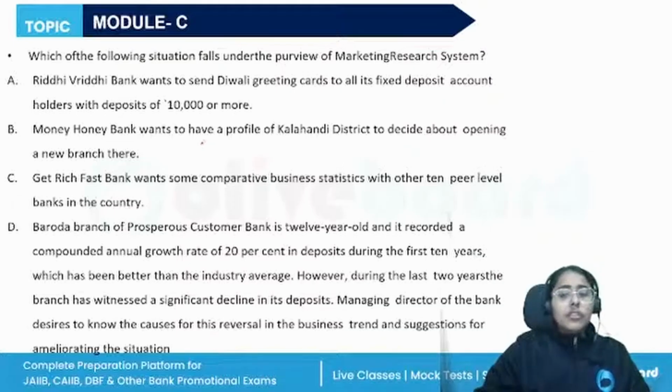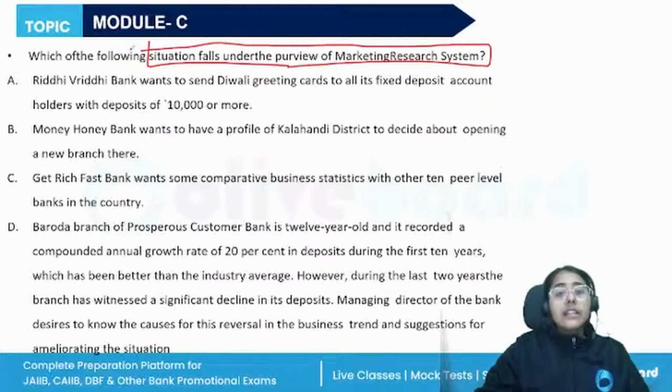Next. So this is a case study type question. You need to tell me which of the following situations falls under the purview of the marketing research system. Which of the following can be dealt with by the marketing research system? Riddhi Vriddhi Bank wants to send Diwali greeting cards to all its fixed deposit account holders with a deposit of rupees 10,000 and more.